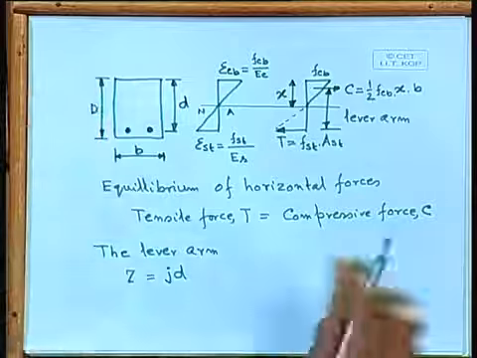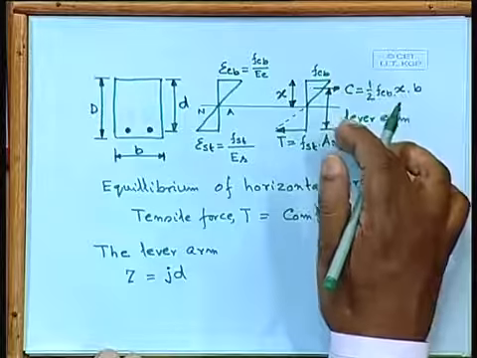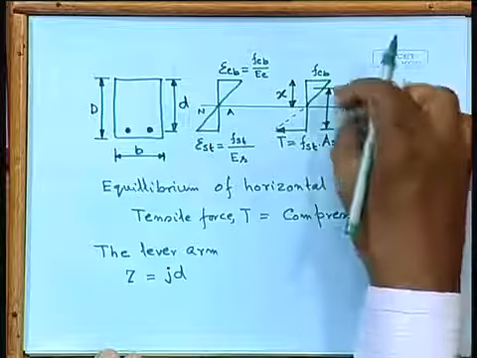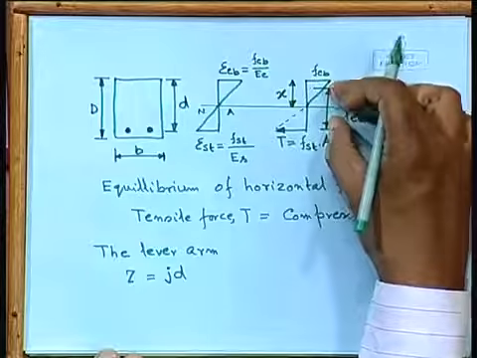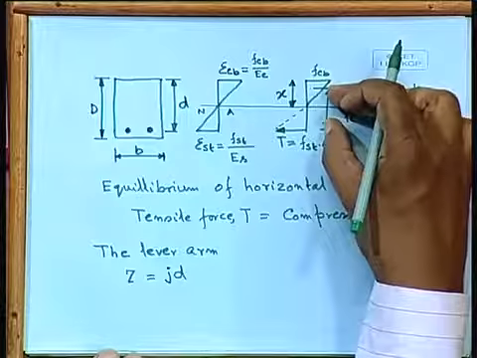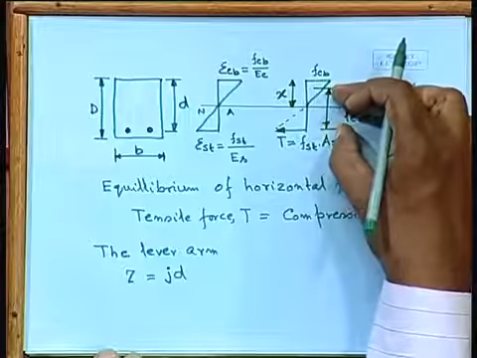So Z is obviously a certain fraction of the effective depth, because this is the lever arm we are talking about.